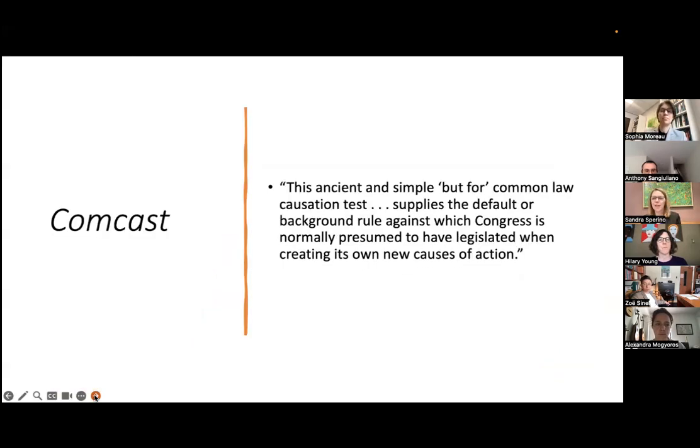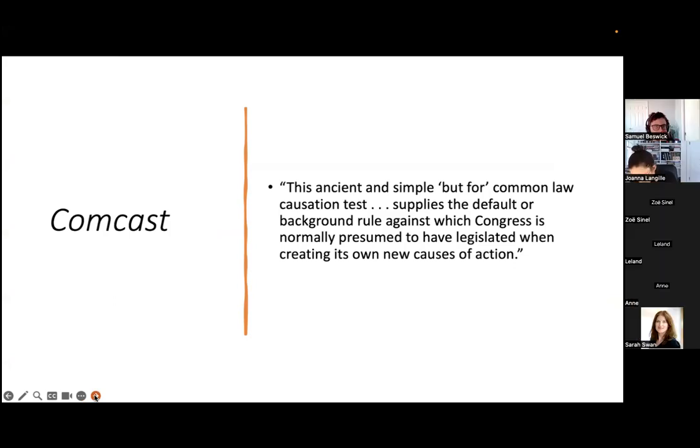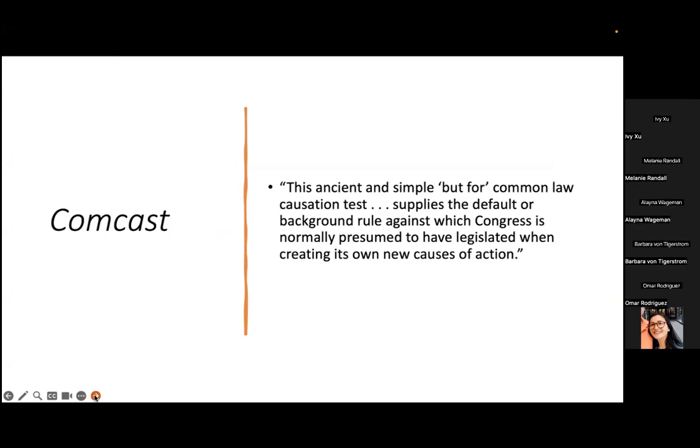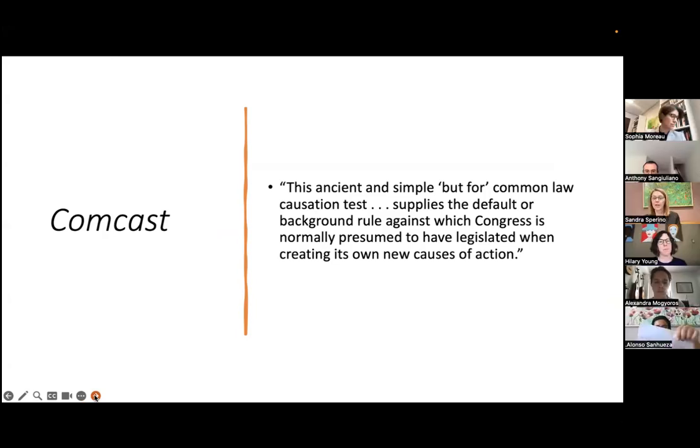So again, in Comcast, we get this rearticulation of this supposedly ancient and simple rule that but-for cause supplies the default background rule against which Congress is normally presumed to have legislated when it's creating new causes of action. Now, it's possible for Congress to signal that it is opting out of this default rule.